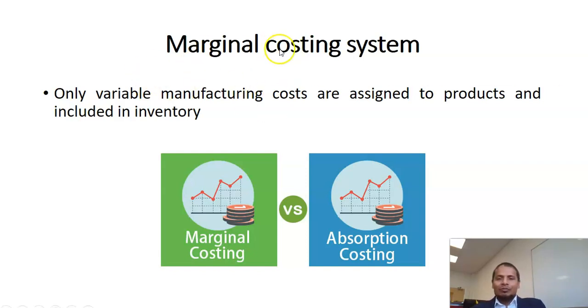So if you calculate product cost or the cost of a product, you will consider only variable manufacturing cost. You will not include any fixed cost. Fixed manufacturing cost would not be included in calculating cost of a product according to marginal costing approach.